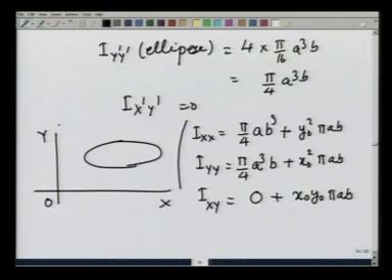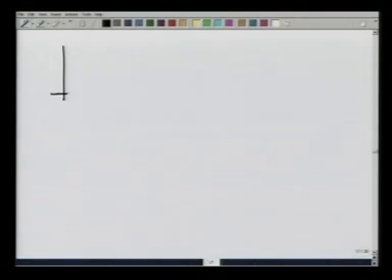So, using transfer theorems we could calculate the second moment of area and the product of area when it was given about the centroid. So far, what we have considered in the transfer theorem is the product and second moment of area when the centroid is displaced with respect to the origin of a given system.